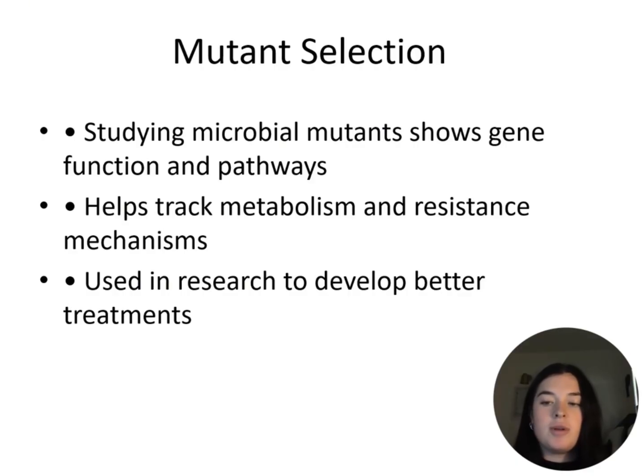Scientists study microbial mutants to understand what specific genes do and how metabolic pathways work. This research is really valuable because it helps us track resistance mechanisms and even develop new treatments for disease. So overall, microbial metabolism and genetics aren't just abstract concepts. They help us understand microbes in a way that leads to real-world solutions in health, science, and the environment.